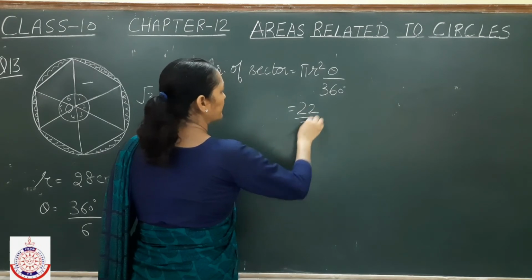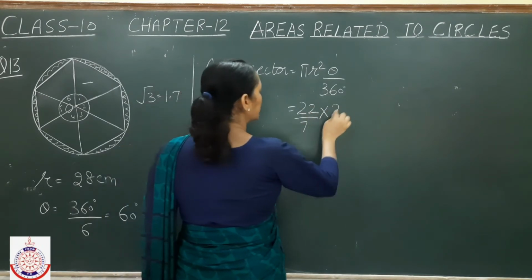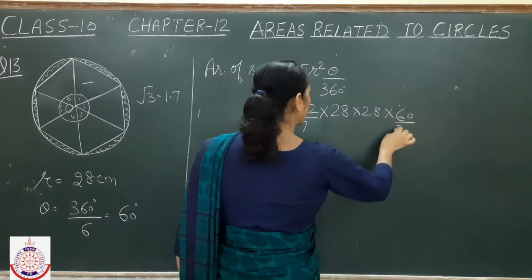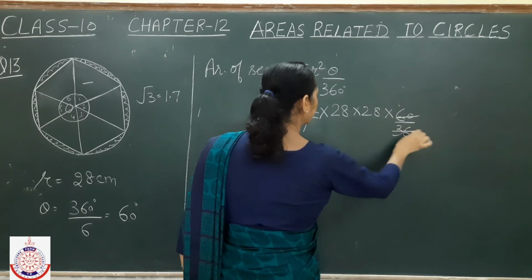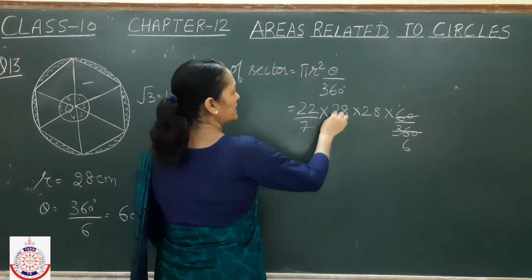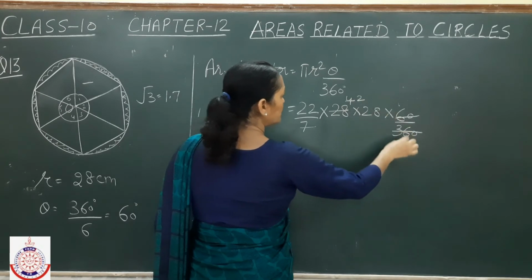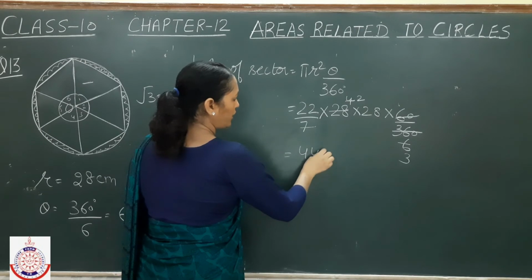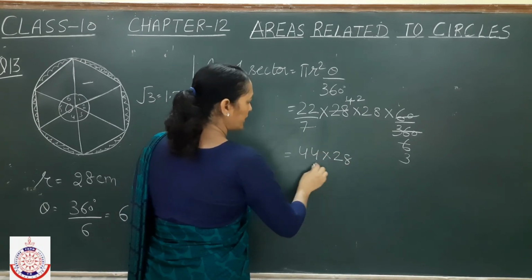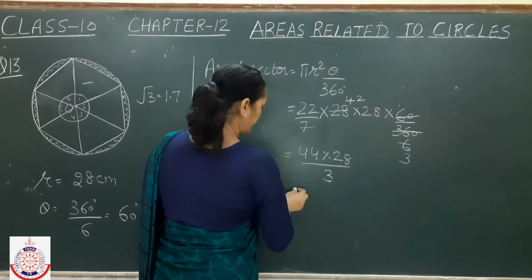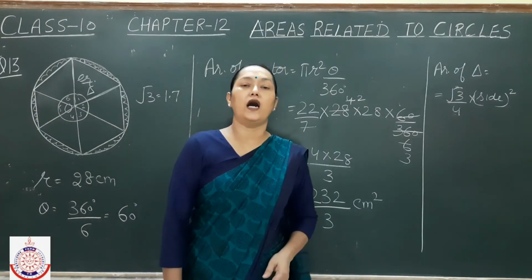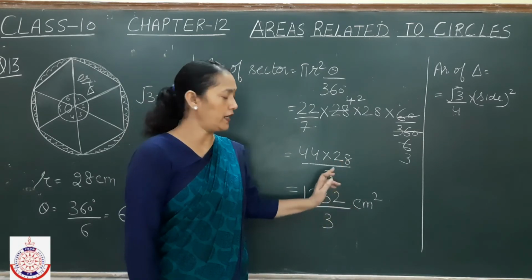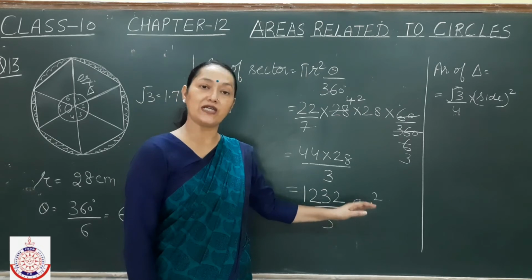Pi, r is 28, theta is 60 upon 360. 6, 7, 4s are 28. So we have obtained 44 into 28 upon 3. After multiplying 44 and 28, I got 1232 upon 3. This is the area of the sector.